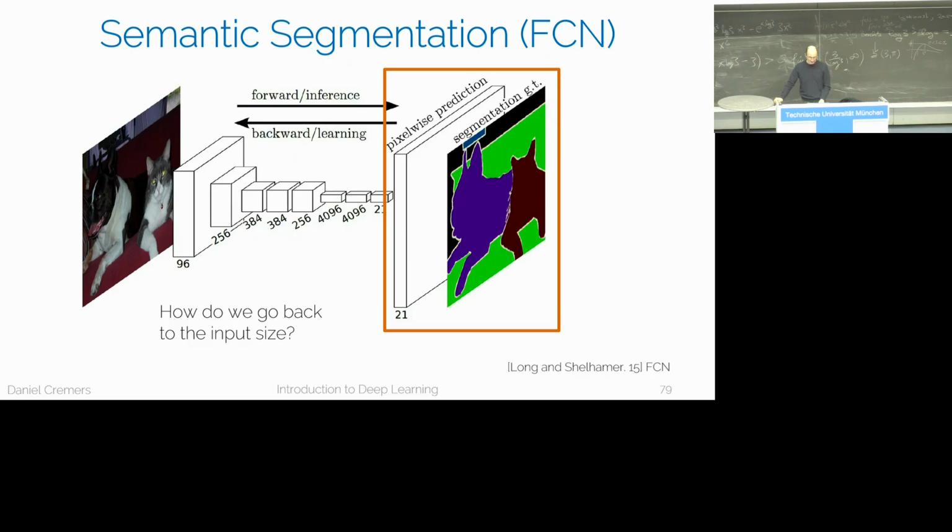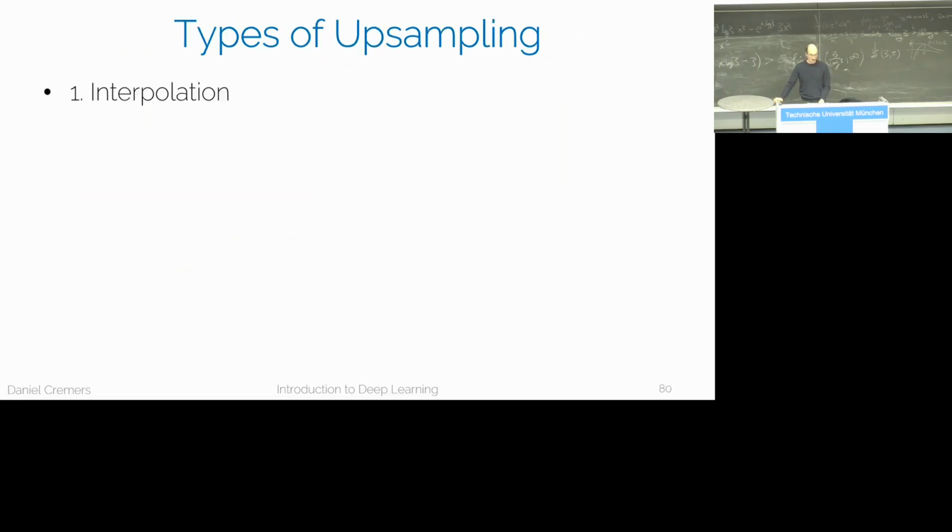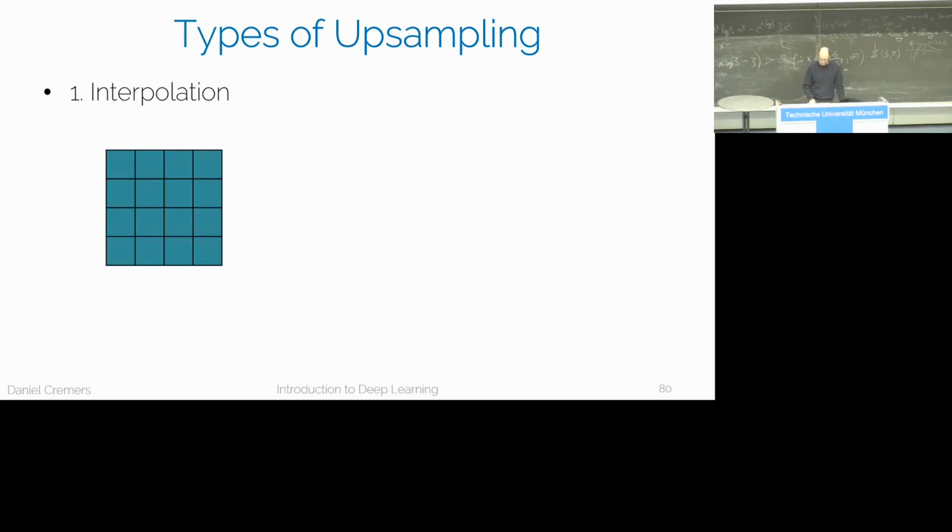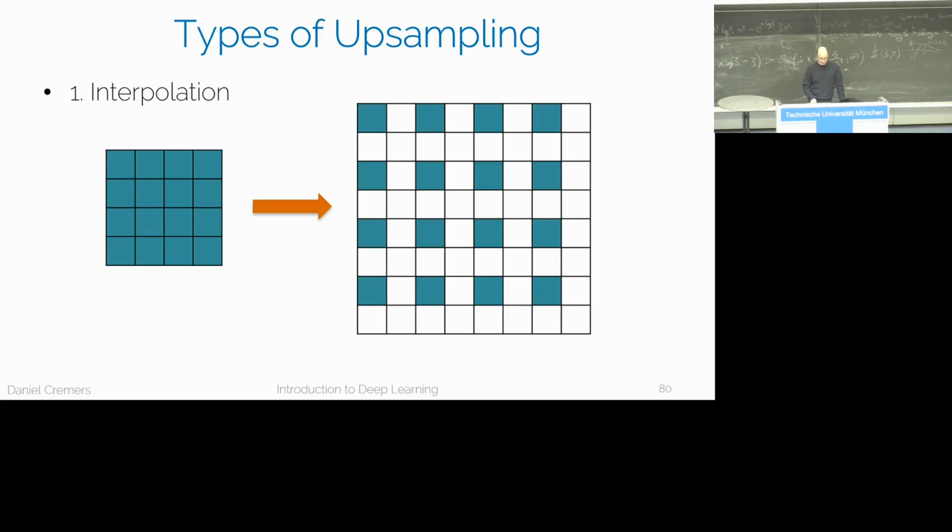This is something that we can look at in more detail. How can we do this upsampling? If you have, for example, an input like this, you want to upsample it to a higher resolution. You have to imagine that we created this downsampled version in the convolutional filtering and pooling. The pooling is the step that reduced the resolution and aggregated information in a neighborhood.